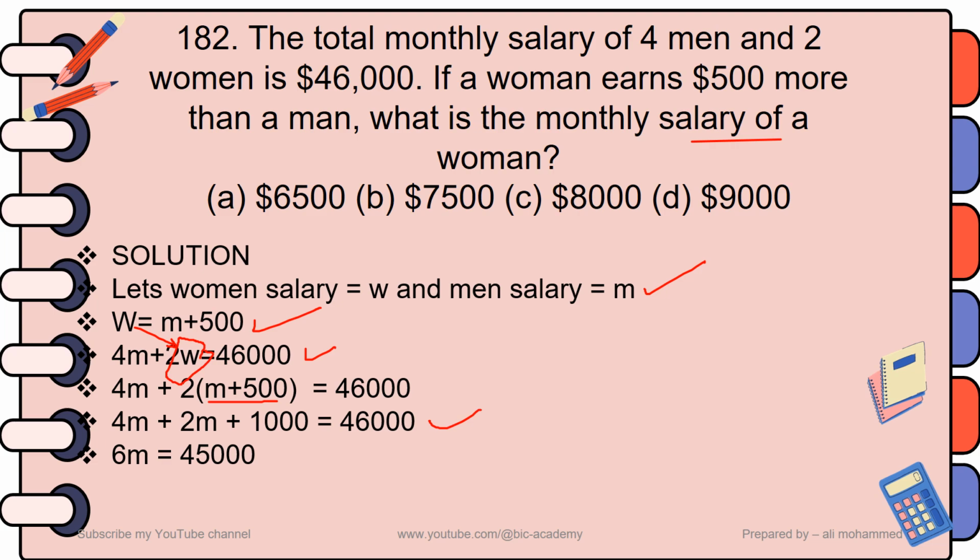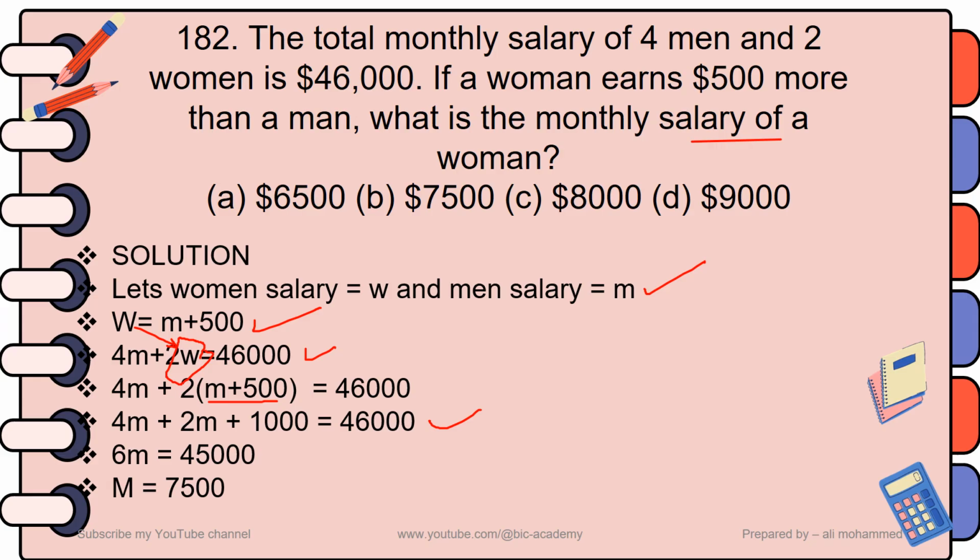Now let us divide both sides by 6, and we get the value of M. M is equal to 7,500. Now we get the salary of a man, and a man earns $7,500.